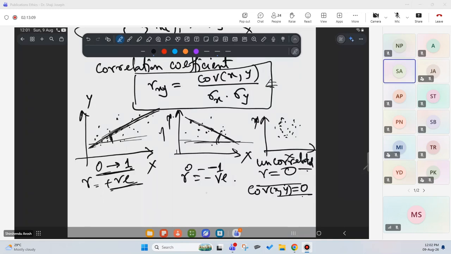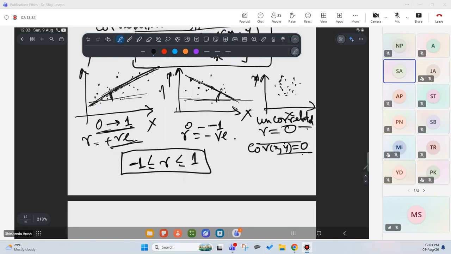So this particular parameter, which is a no-unit parameter, gives you the idea of how these parameters are connected and in which direction it is connected. And of course, we can see from here that it has a specific value between minus 1 to plus 1. So your correlation value cannot go beyond these numbers, minus 1 to plus 1.